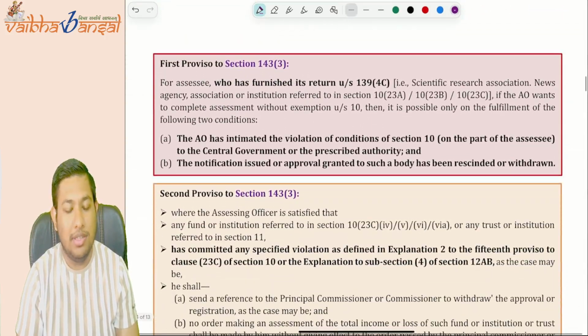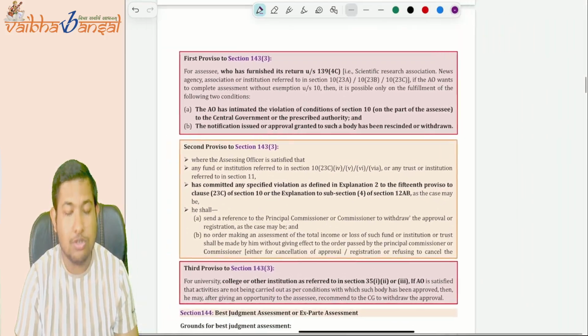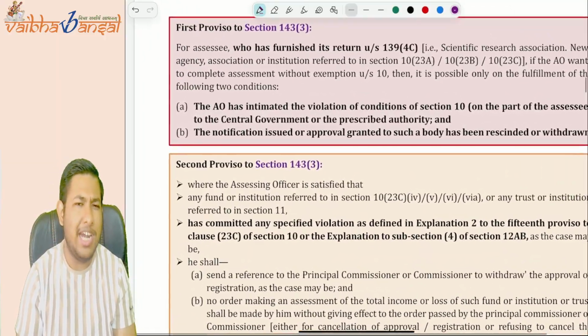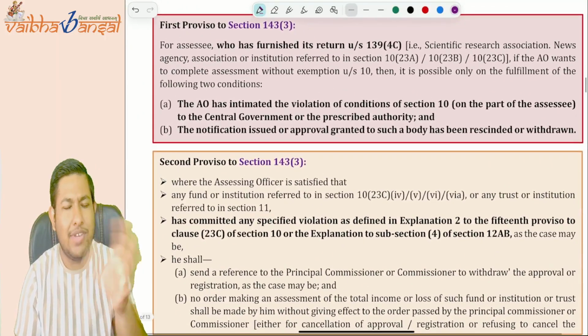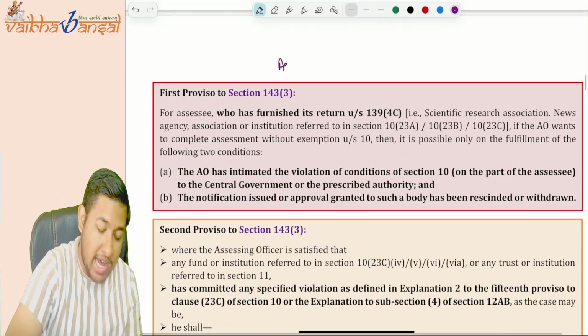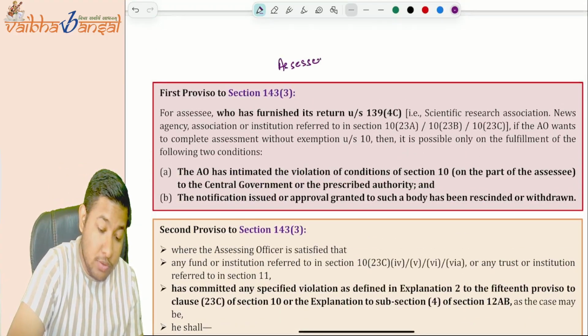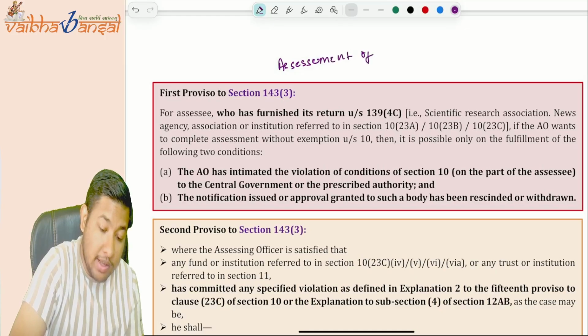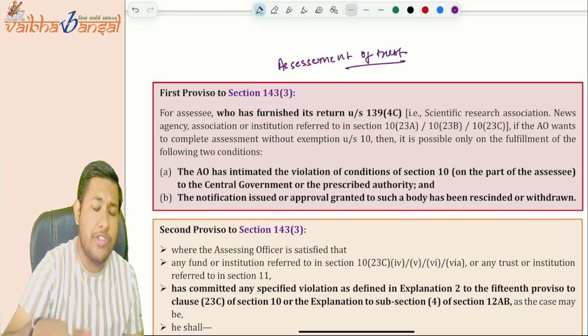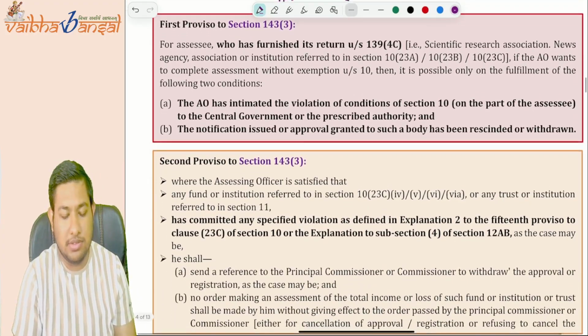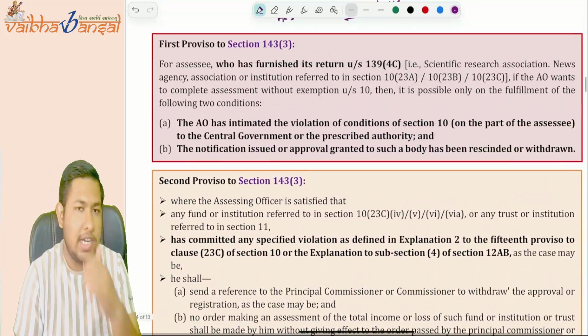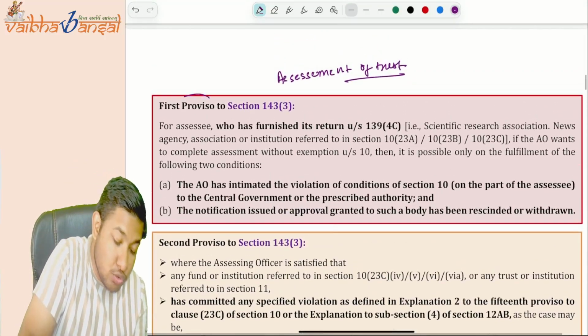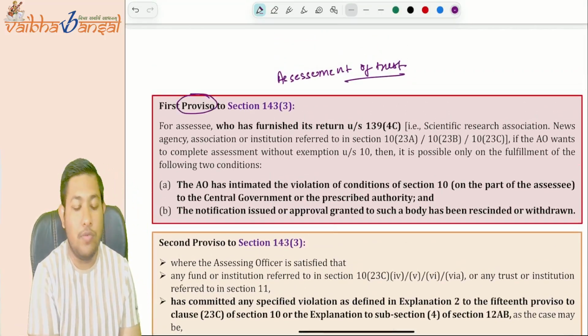Understood? Now, there are three provisions that are important. Everything, if you know the assessment of trust, I have already given you the chapter on assessment of trust earlier. You will find the sections of assessment of trust in these particular provisions. Now, first understand what the provisos are.